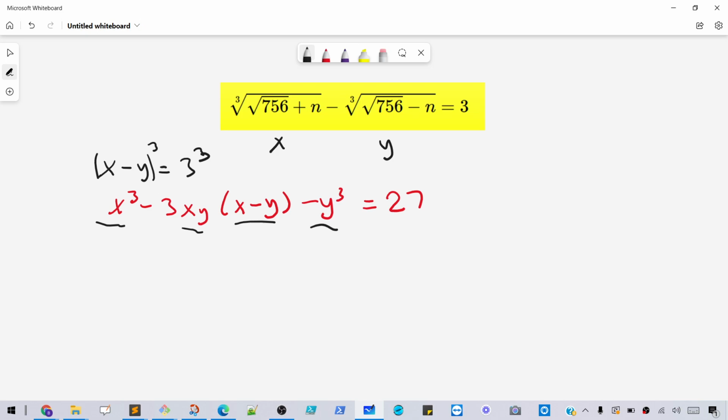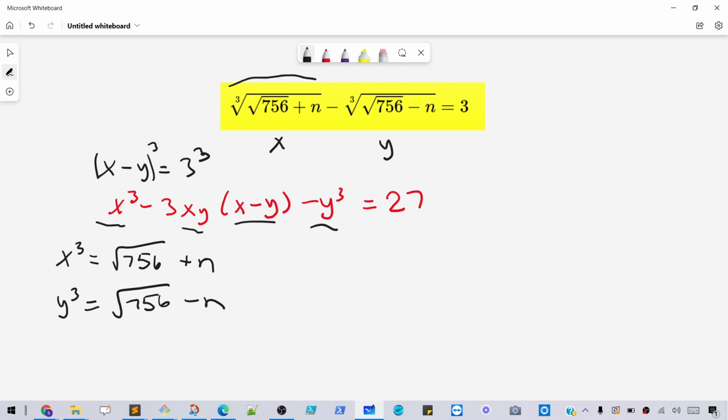So x cubed, because we chose cubing since we have a cube root, is just the square root of 756 plus n. For y cubed, it's very similar: the square root of 756 minus n.